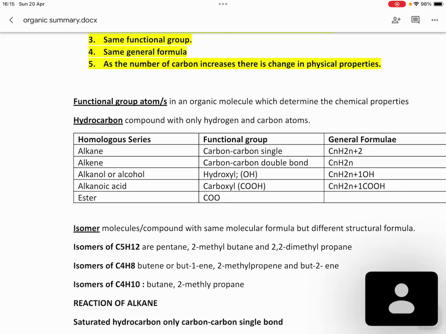Alkanoic acid has the functional group carboxyl, which is represented by COOH, and the general formula is CnH2n+1COOH. We have ester.